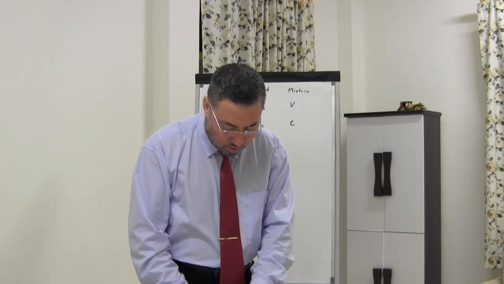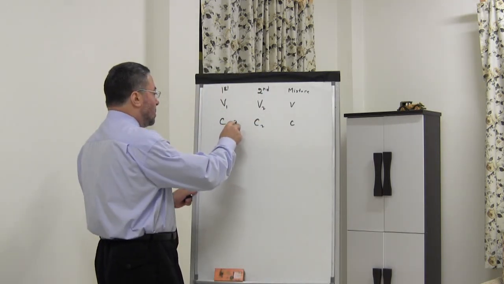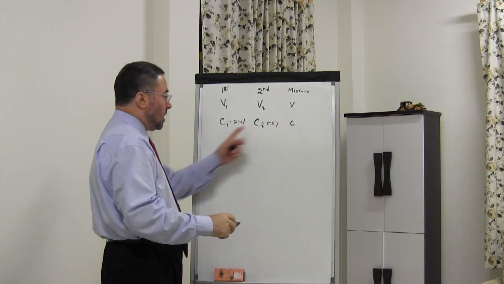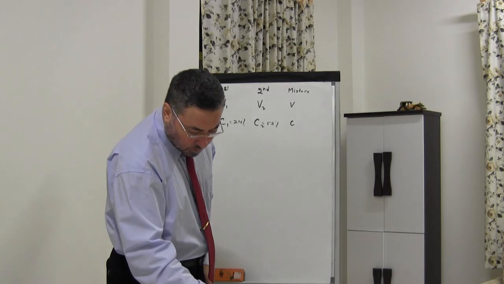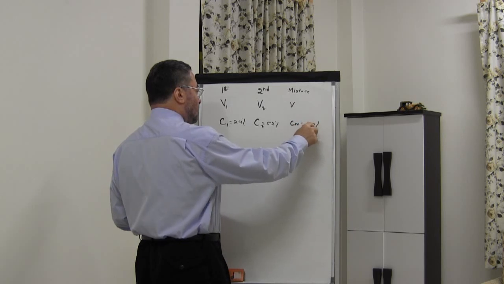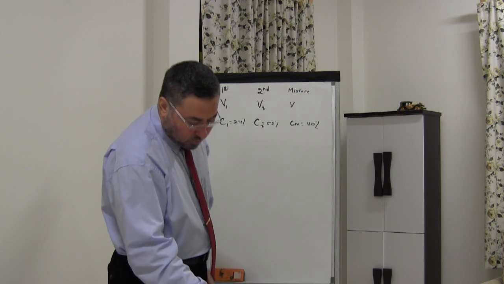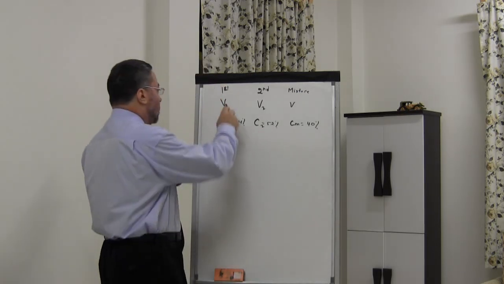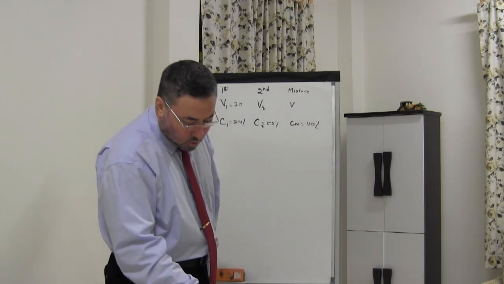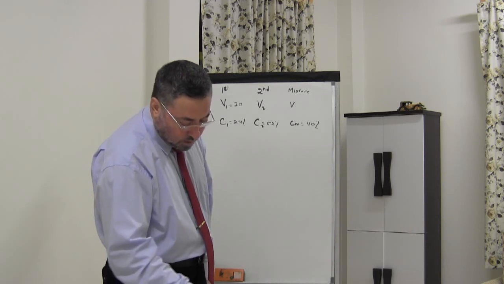So here 24 and here 52, all these are percentages, and our mixture is 40%. The volume of this is 30 quarts. How many quarts of the 52% solution were needed?